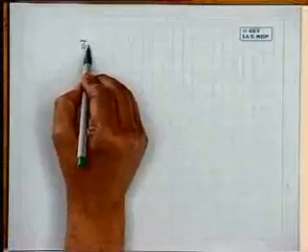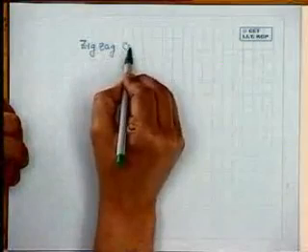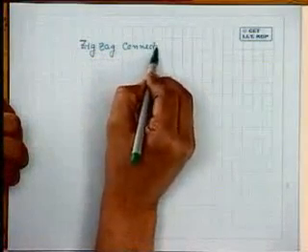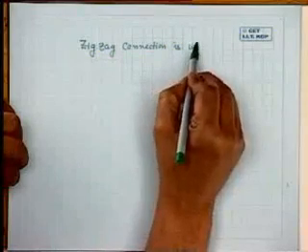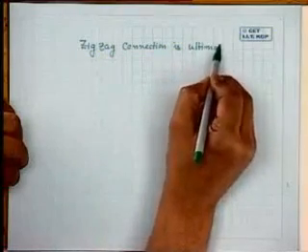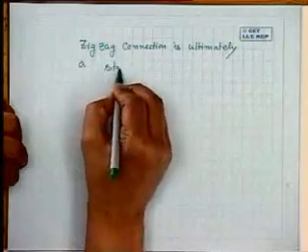Now, zigzag connection basically means when it is completed, it will be a star connection. Okay? Zigzag connection, you write down, is nothing but ultimately it is a star connection.